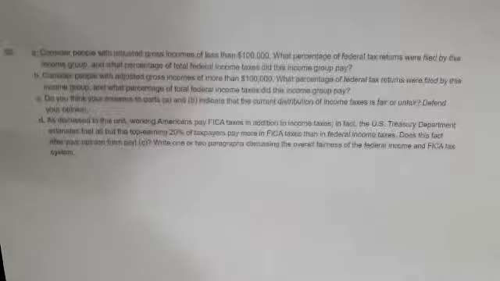Okay. So consider people with an adjusted gross income of less than 100K. What percentage of federal tax returns are filed by that income group? Pertaining to justice, fair, unfair. This sounds like a fair one to make you go do on your own, as we discussed in this unit. Working pay FICA estimates.